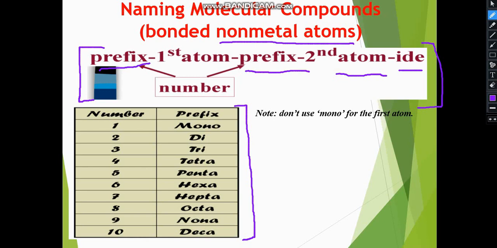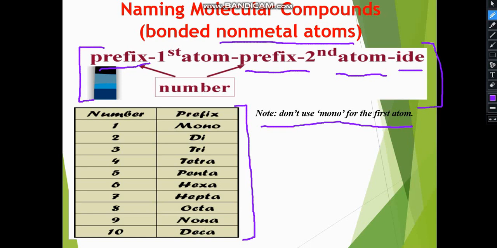So this is the table of the prefixes. Now, we need to note what we have said here. We are saying if the first atom is 1, there is no need of putting mono.